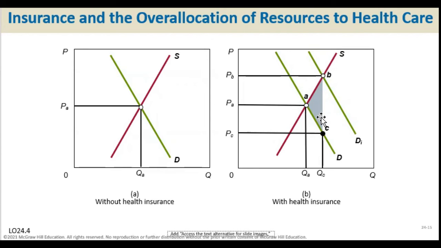We alluded to the fact that the resources we use to produce our service are scarce. So if you use more than what you should use, or you over-allocate the resources, it's a waste to society. So here is a case of overconsumption of healthcare.